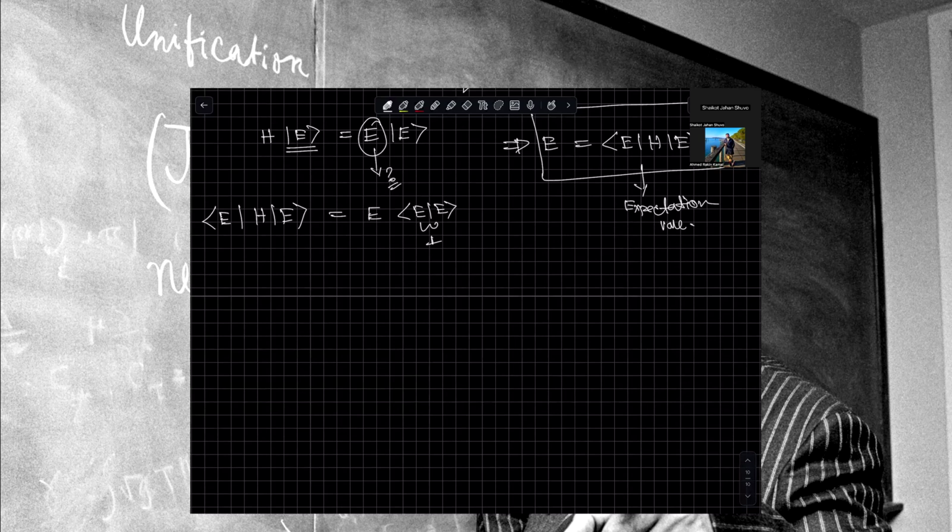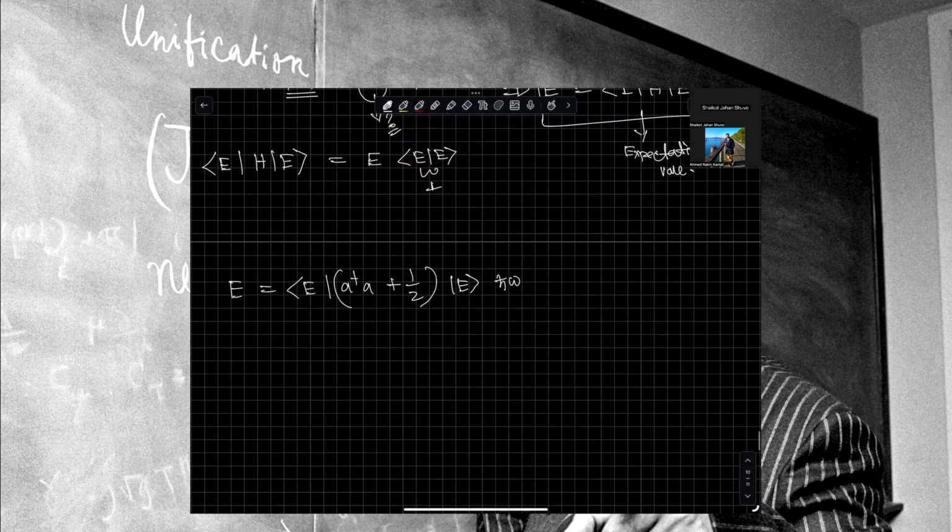If I now put in the new expression for the Hamiltonian, the energy eigenvalue looks something like this: bra E, a dagger a plus 1/2, ket E. h bar omega and 1/2 are just numbers, so they come out of the whole thing.